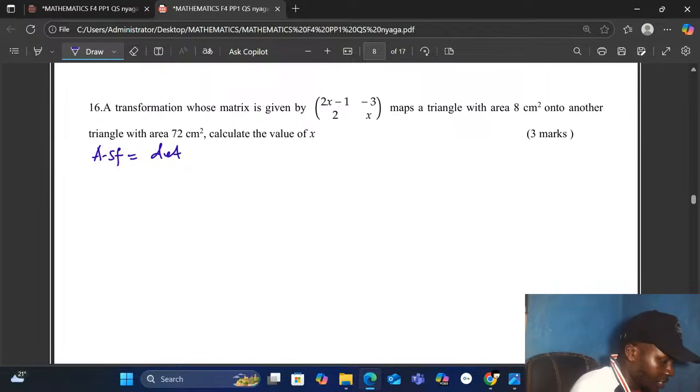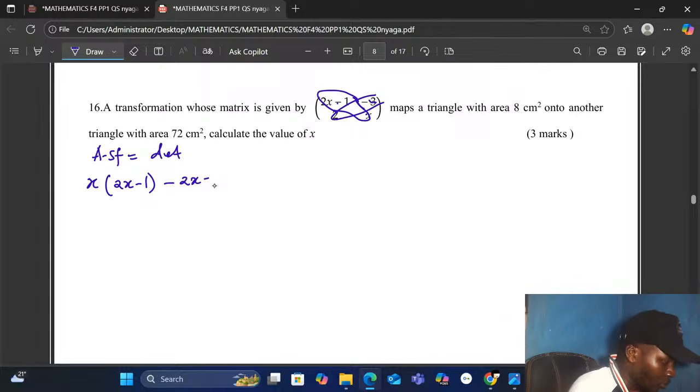We shall have x into 2x minus 1 minus, so it is this times this minus this times this. So that is how we do.